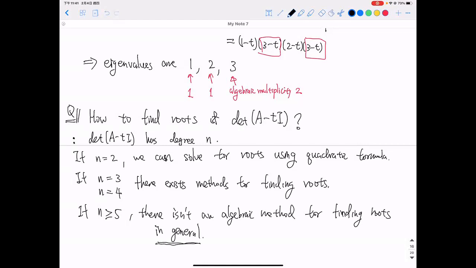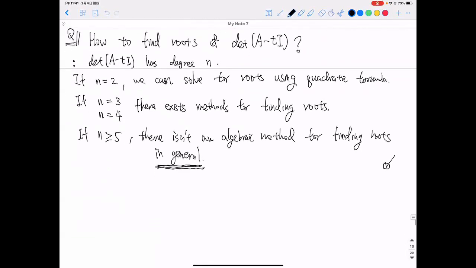There is no algorithm, recipe, or whatever that produces these roots for any given characteristic polynomial. But if the characteristic polynomial takes some special shape, it is possible sometimes. Okay, so that's what it is, and we're just gonna have to learn to deal with it.